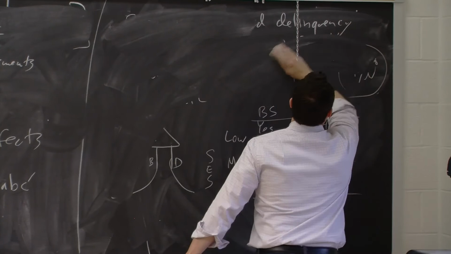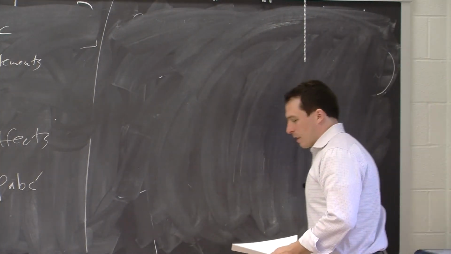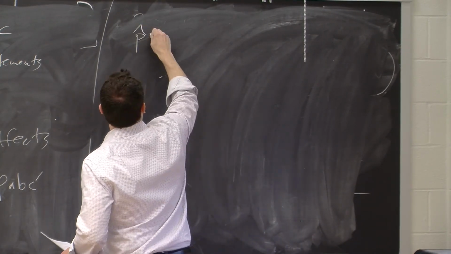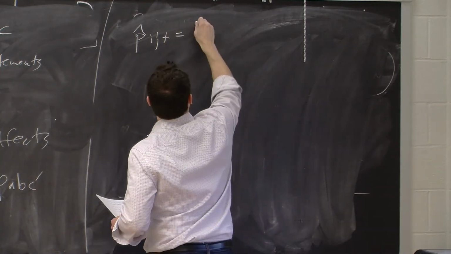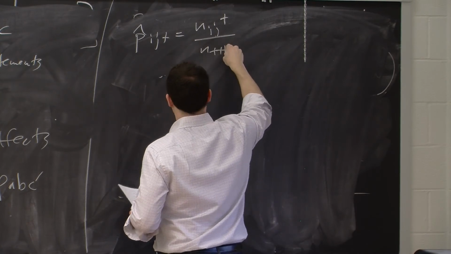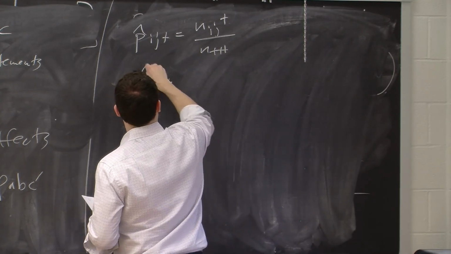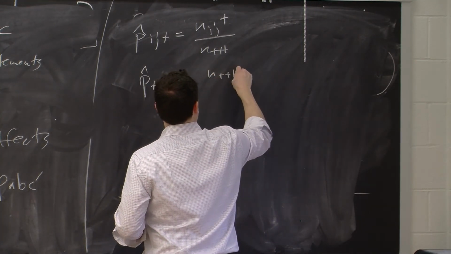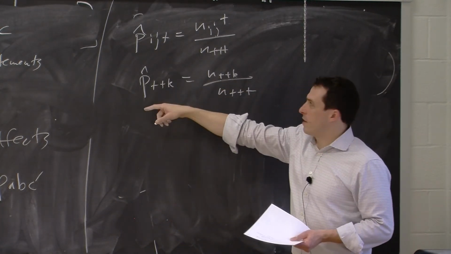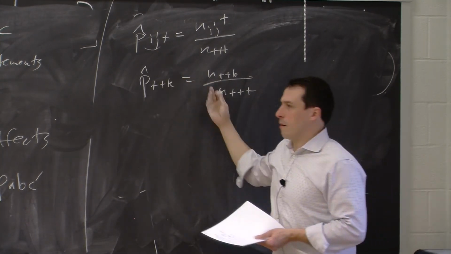So if we wanted to look at this equation, or this type of model for the Boy Scout data, we would do the usual procedure. Again, since this is essentially an independence model, we don't really have to do anything new. We can get an MLE, p hat ij+, which is n ij+ divided by n+++, and p hat ++k, which is n++k over n+++. All right, those are our two parameters. They're sort of different because we have essentially grouped i and j into one index, a multi-index.